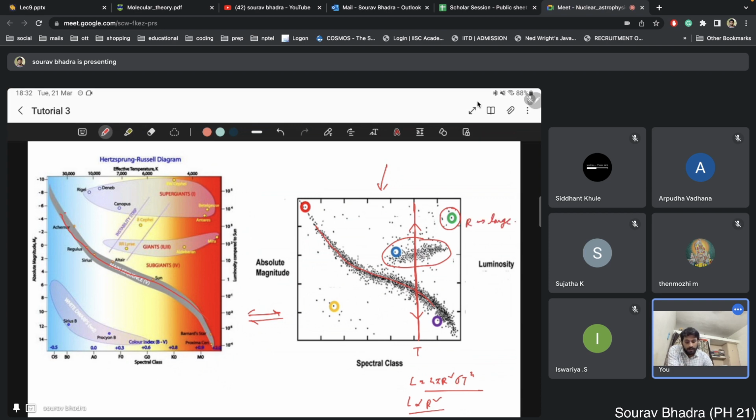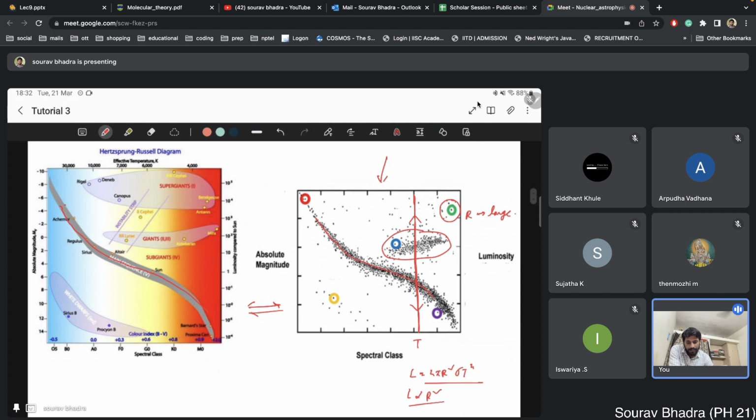Now similarly, that can be done at this position also. Suppose it was the T1 value where I have fixed it. Now if it is the T2 value where I have fixed the line, then according to the same equation, if you are going downside, you are going towards a lower radius object because of the lower luminosity, because your T is constant on that line.